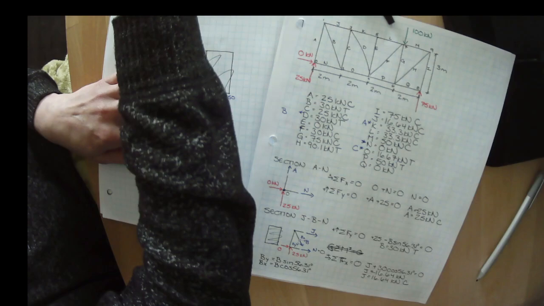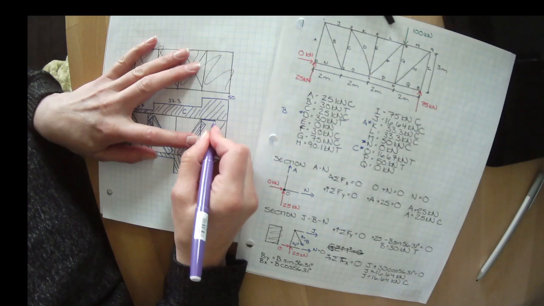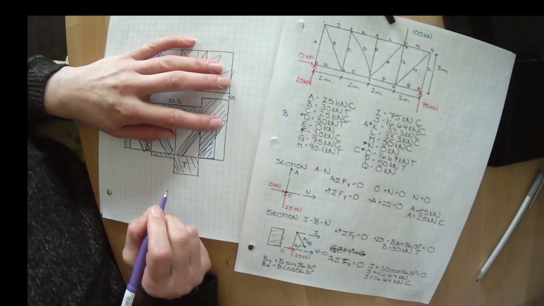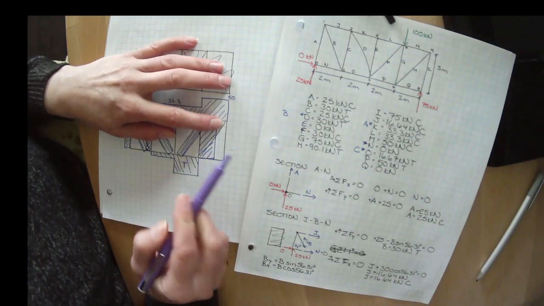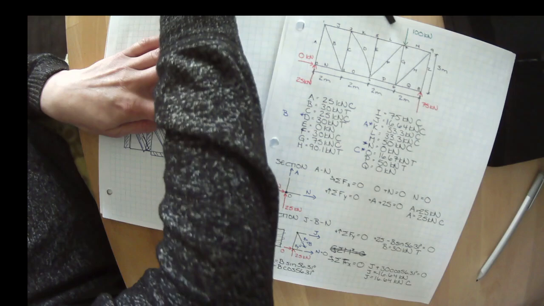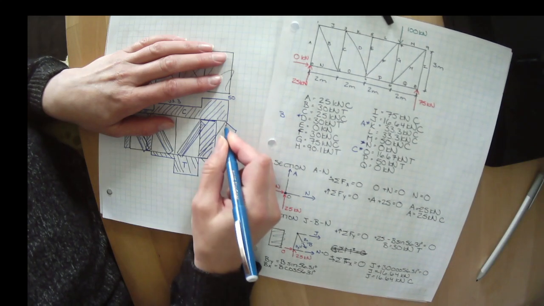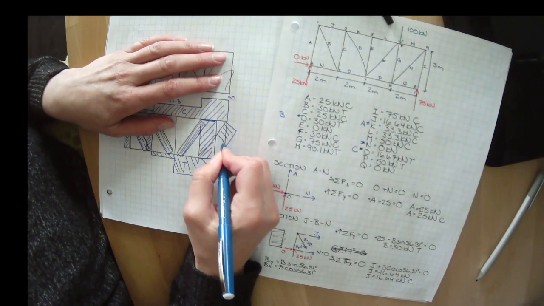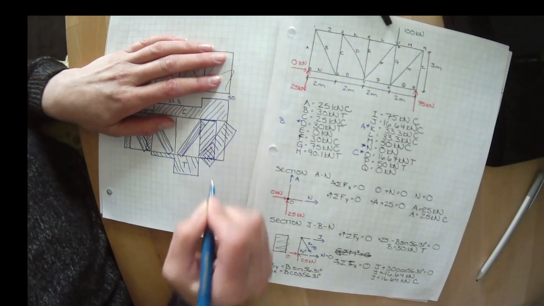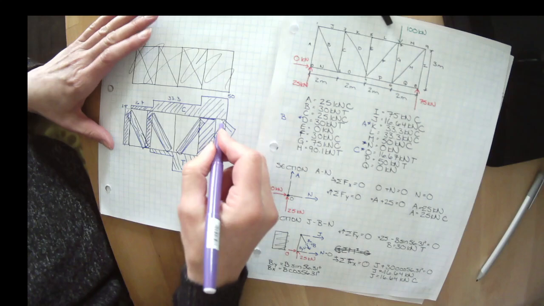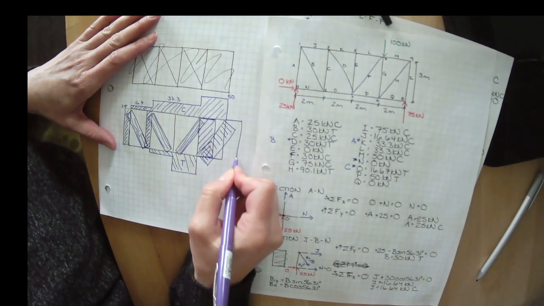G, which is right here, has 75 kilonewtons of compression. That's a lot. Member H has 90.1 kilonewtons of tension. And then our very last member, I, had 75 kilonewtons of compression in it.